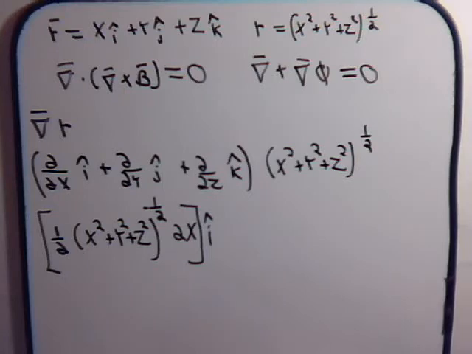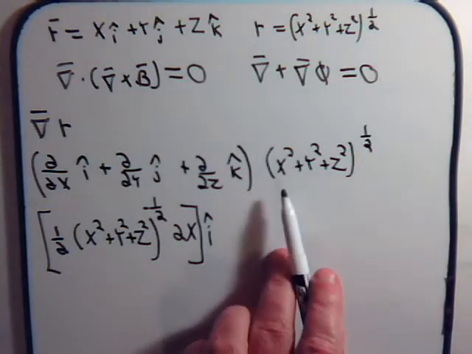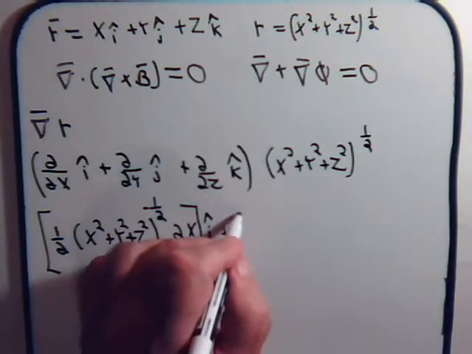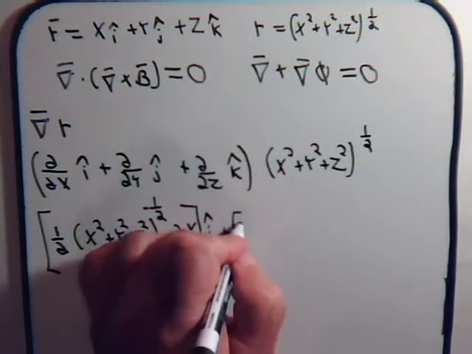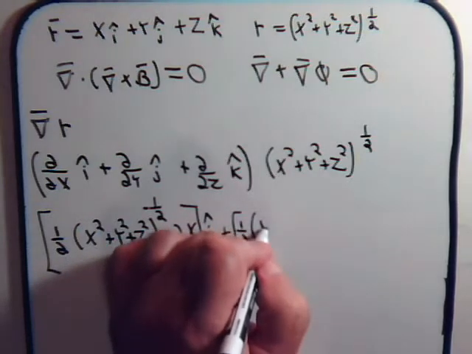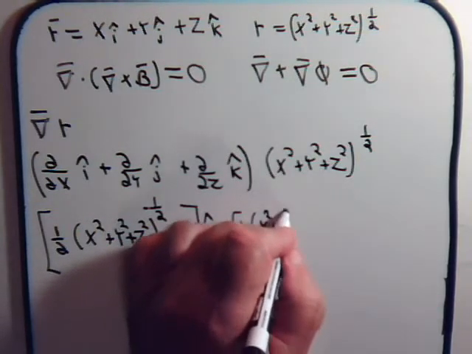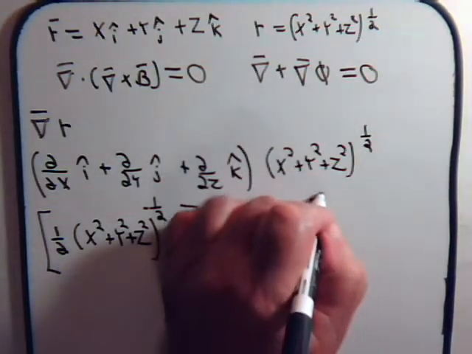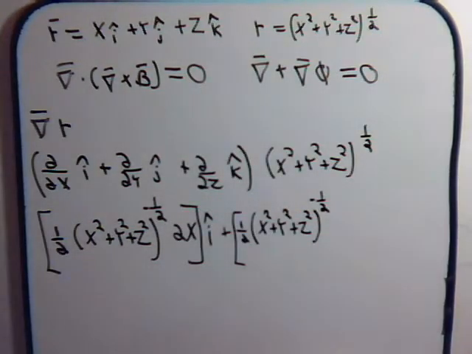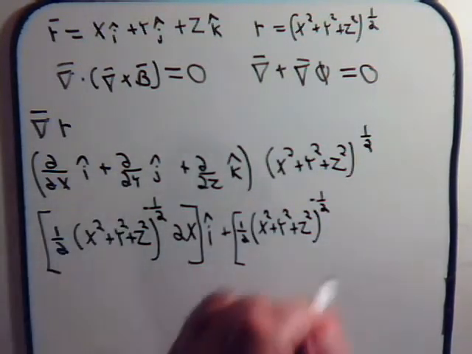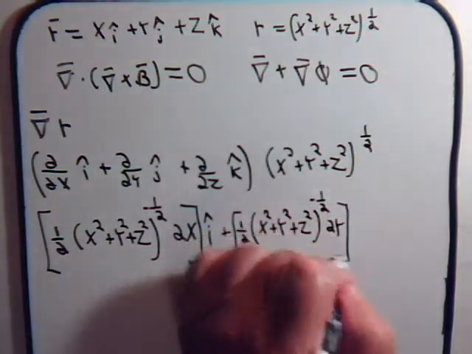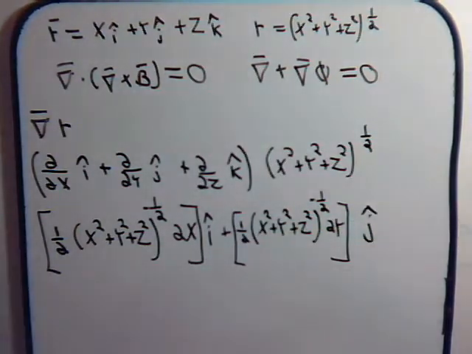Then we do the same thing, except now taking the partial derivative with respect to y. So this would be plus, and again we have 1/2 times x squared plus y squared plus z squared to the minus 1/2 power. And now we take the derivative inside with respect to y, and that will give us 2 times y, and that is the j component of the resulting gradient vector.